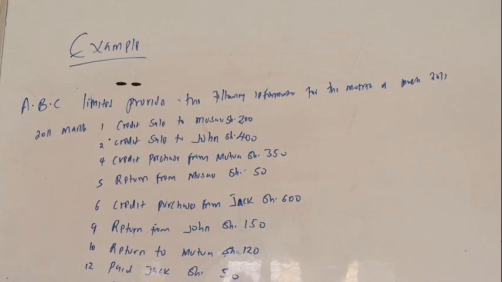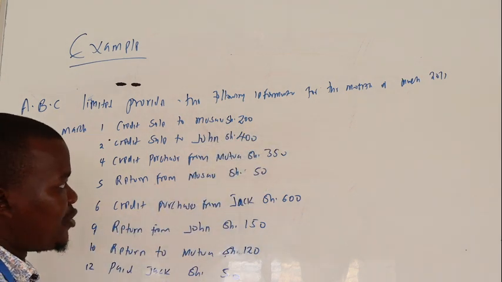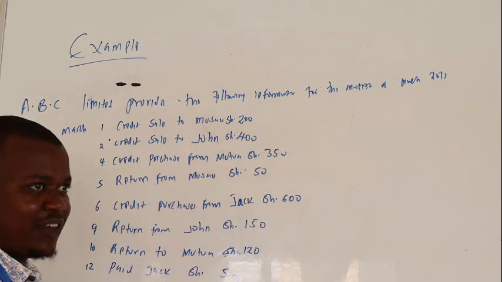So class, here is an example of a question that was extracted from MBC Limited. The question says that MBC Limited provided the following information for the month of March 2011.